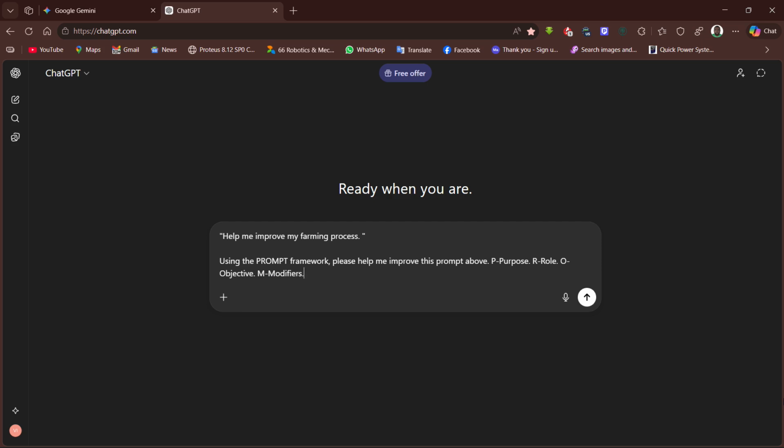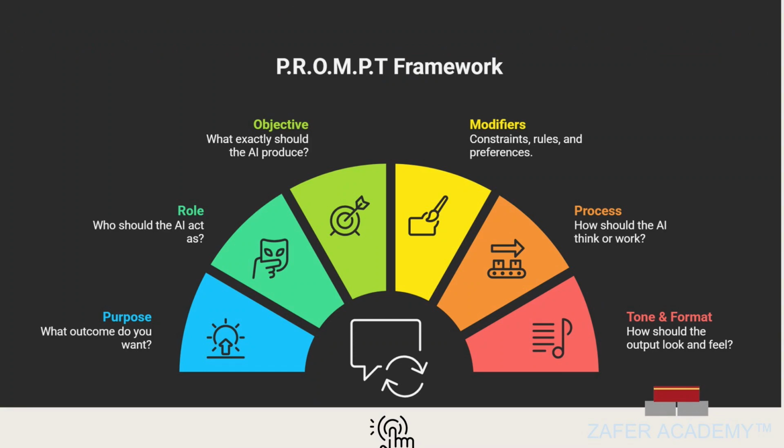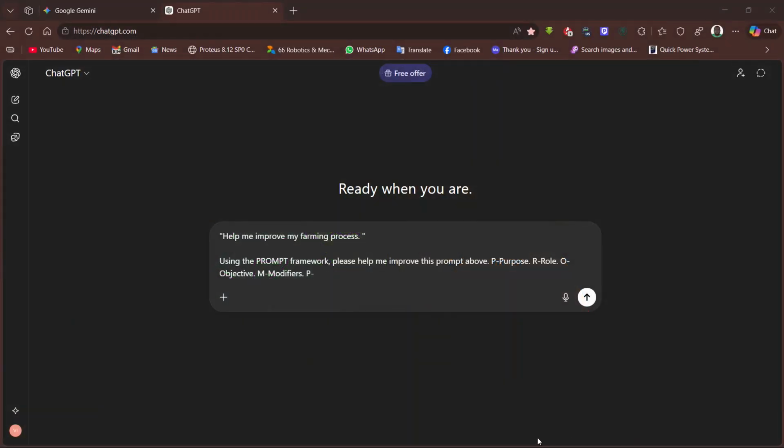And then we have P. What is P for in our prompt? P in our prompt is for process, and then T for tone and format, right? So let's write this: P for process, and then T for tone and format.